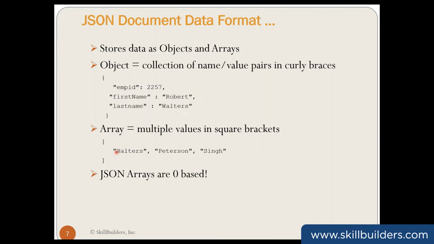Again, your data could be character or a string or whatever, and so on. And that is an array, but it must be in square brackets. JSON arrays are 0-based, not 1-based like Oracle PL/SQL arrays. The first element is array 0. The second element in the array is array number 1, and so on.